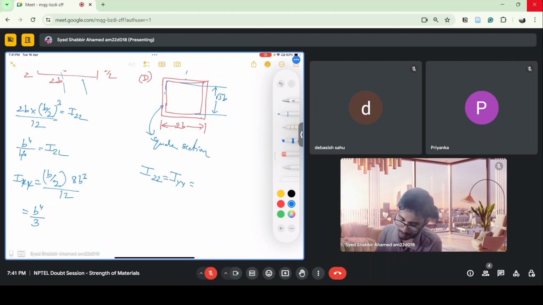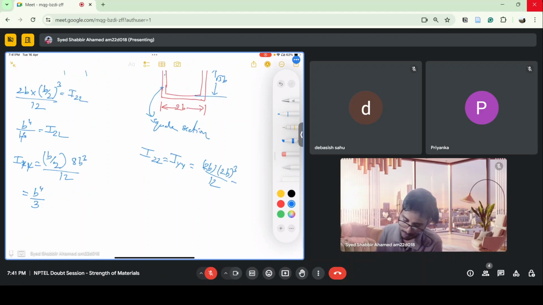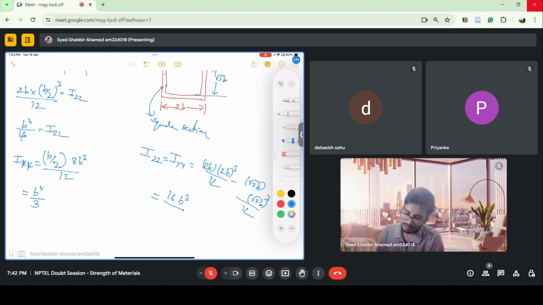I have 2B into 2B cube by 12 minus root 3B into root 3B cube by 12. 2 to the 4 is 16, B power 4.